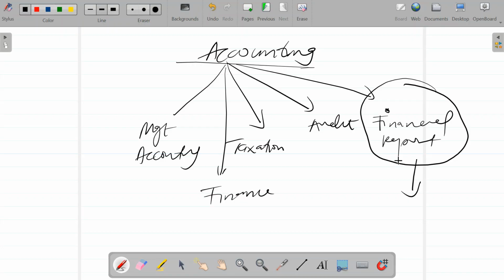A report is a statement concerning an event, an occurrence, an issue. So when we say financial reports, we are trying to prepare a statement that describes our financial status, our financial position, whether we are doing well or not, our financial performance. So that is financial reports.